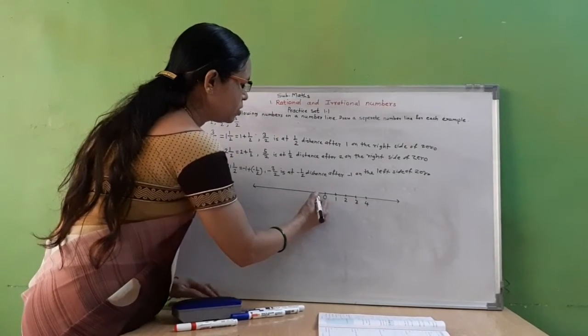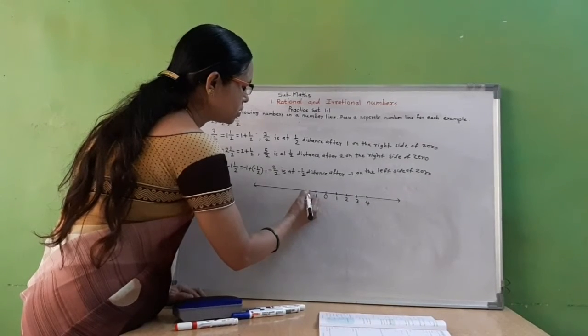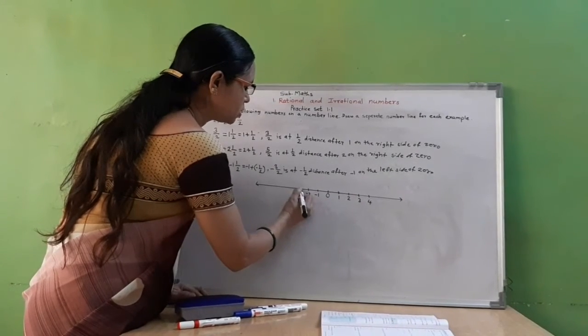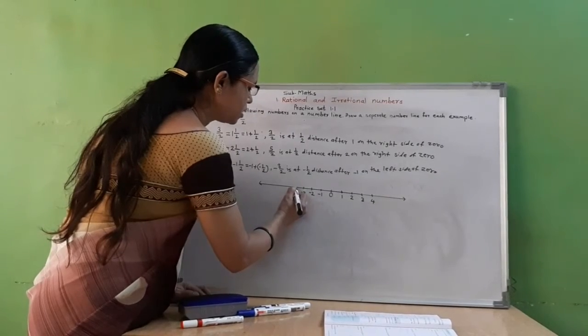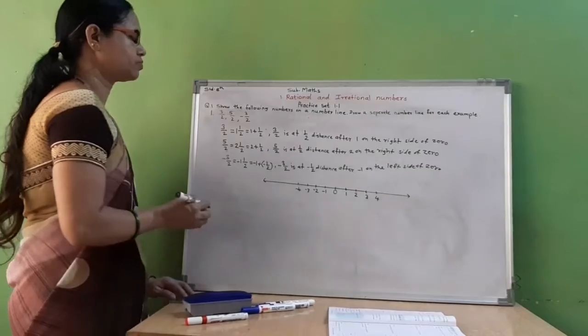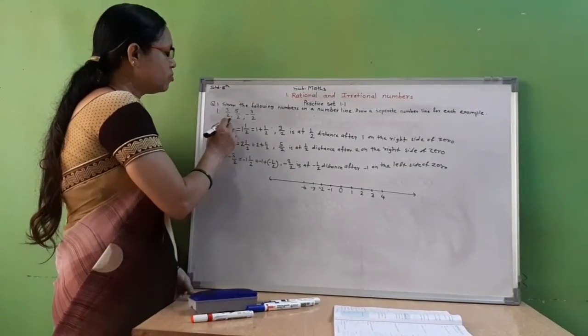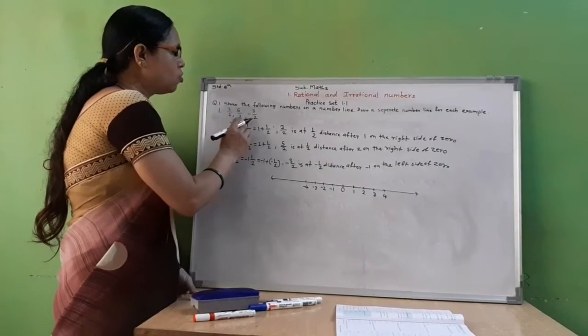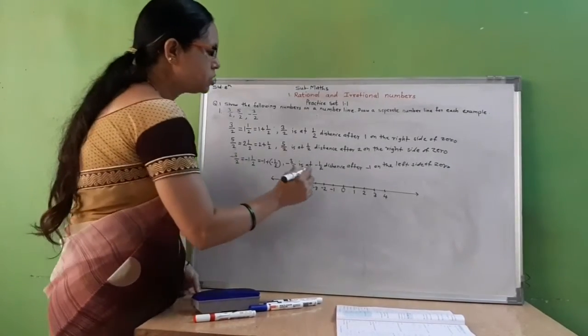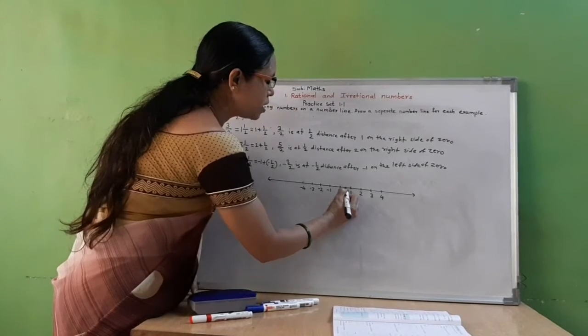Plot negative numbers on the left side of 0: -1, -2, -3, -4. The denominator of given number is 2, so we divide each unit distance into two equal parts.